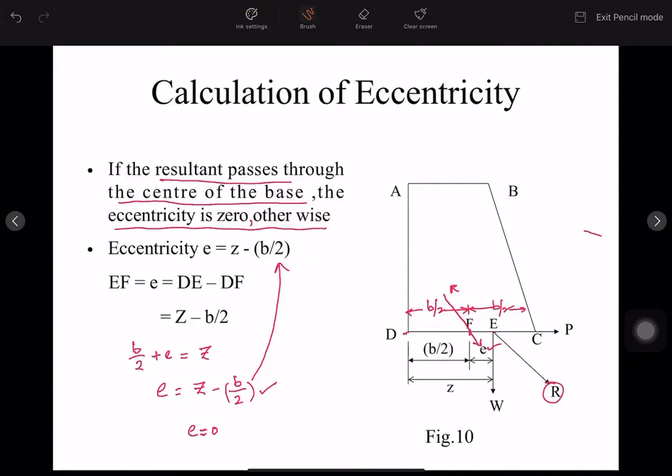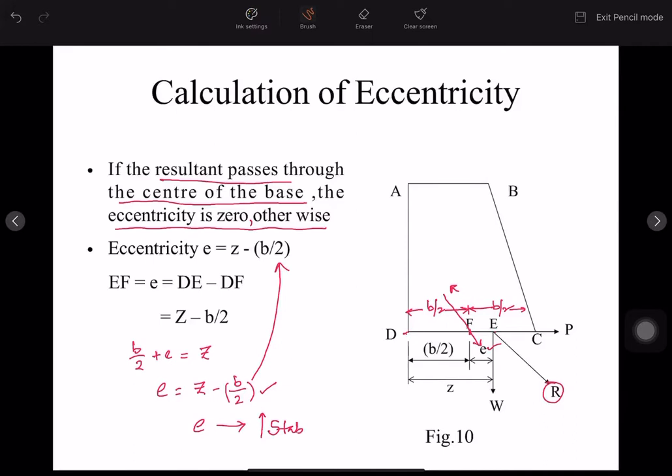I mean to say overturning effect, right? So this E plays a major role in the design of a dam, because if E has a lesser value, it directly implies the stability of the dam.